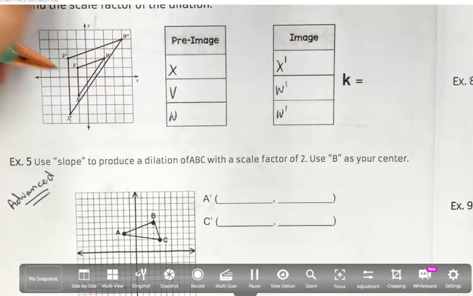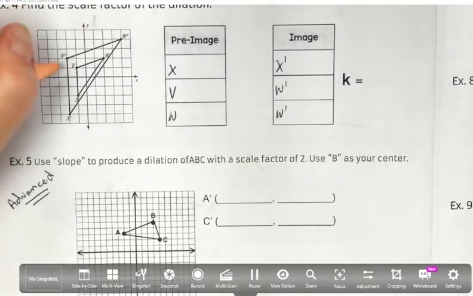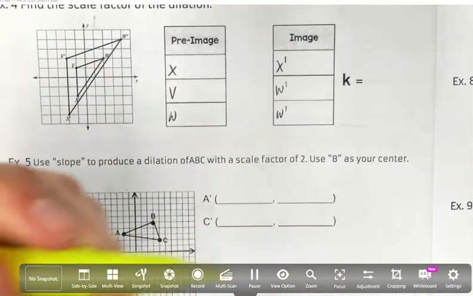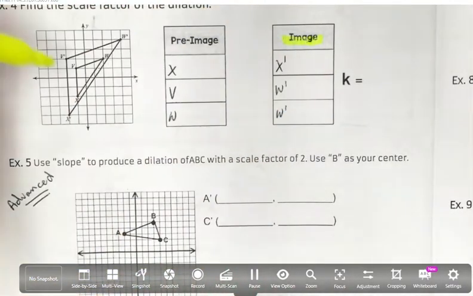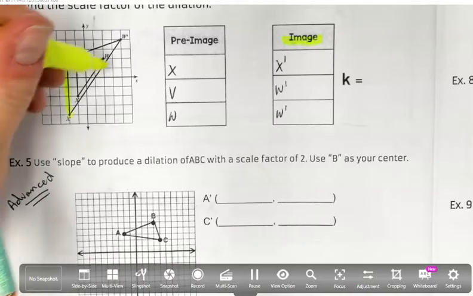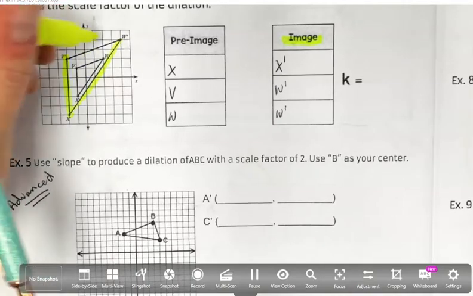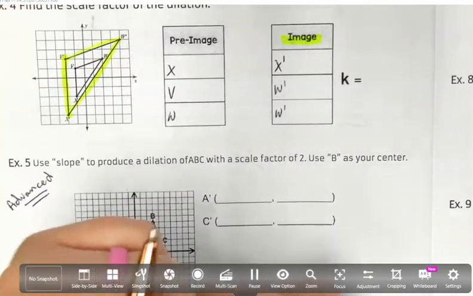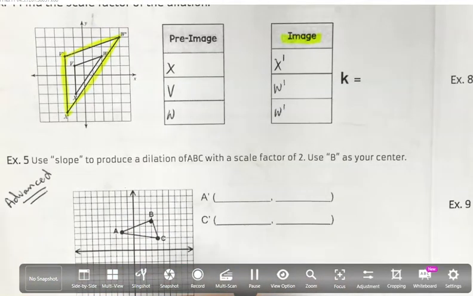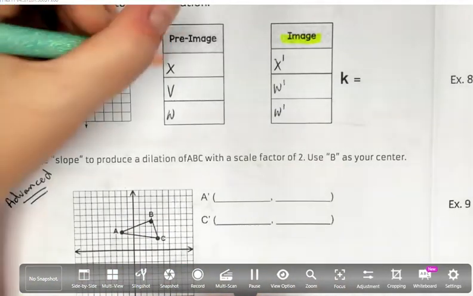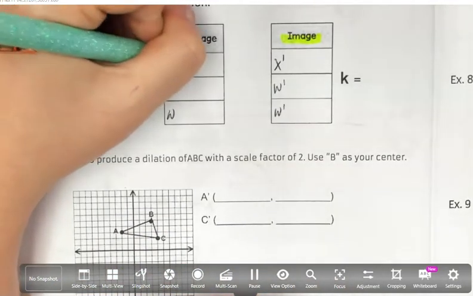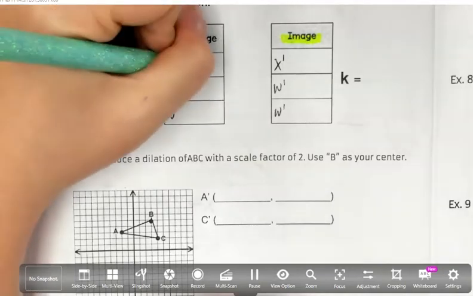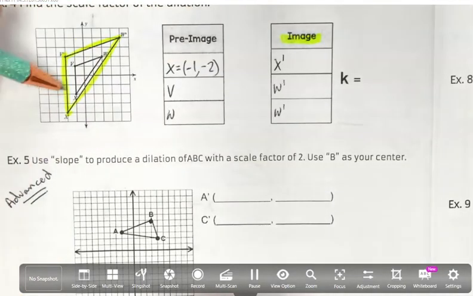All right, so it's important that we identify what our prime is. So my image, I'm going to highlight that image. And that way we don't get the points mixed up. So we've got -1, -2, that's our X.